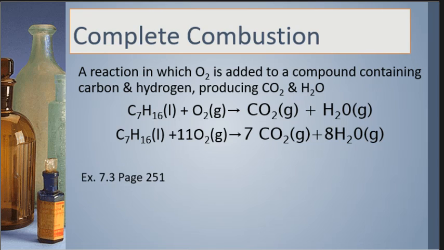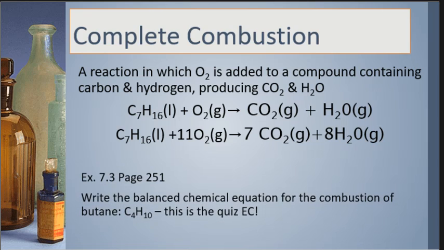Okay. All right. Write the balanced chemical equation for the combustion of butane. Oh, this is our extra credit on the extra credit from the quiz last week. Okay? So, I'm going to give you C4H10 and you're going to tell me what's going to happen to it. What's my equation? Just go ahead and write it down. C4H10 plus what?